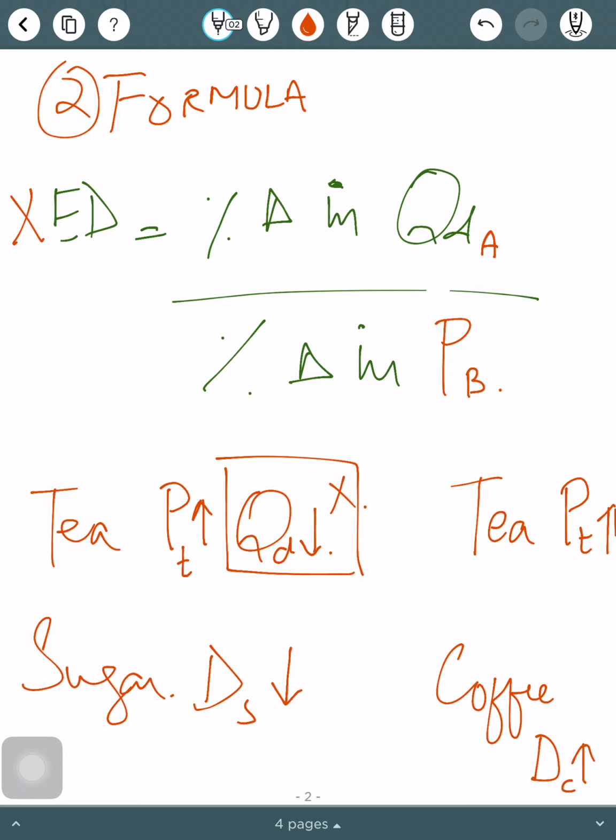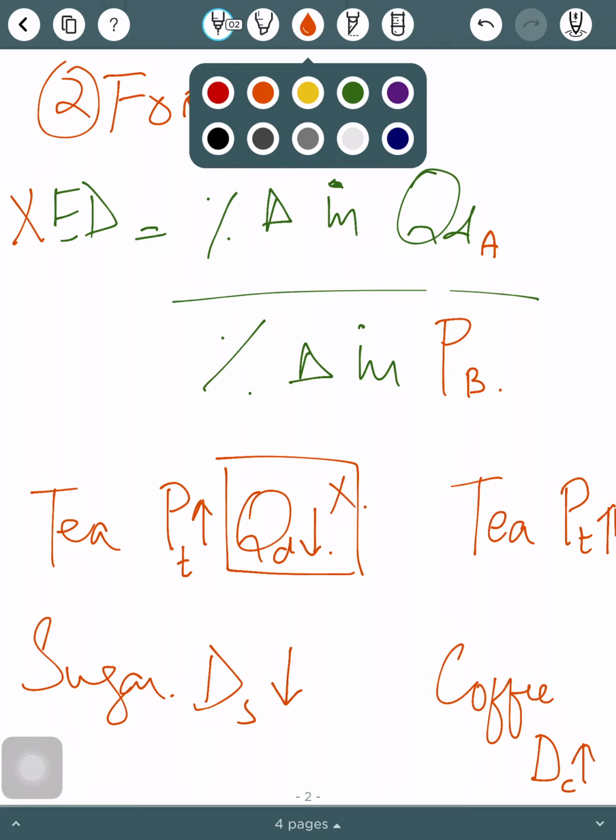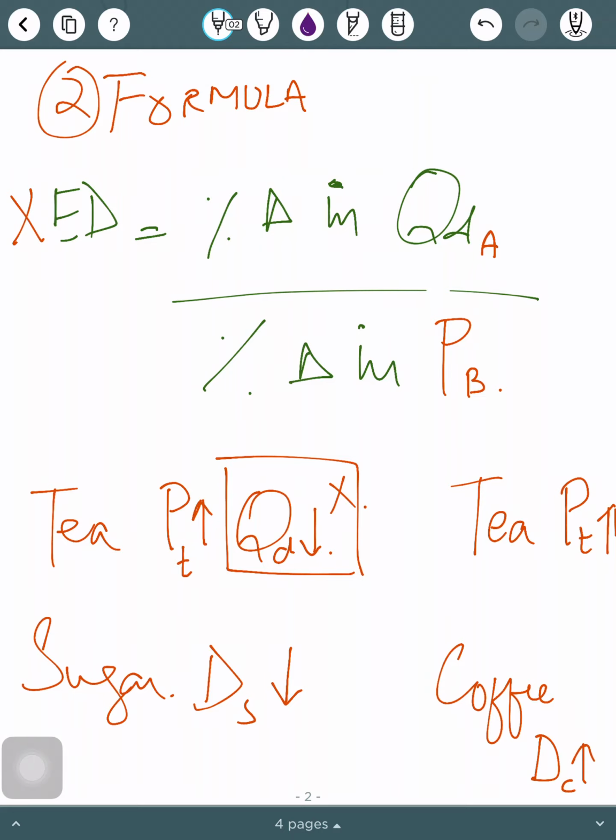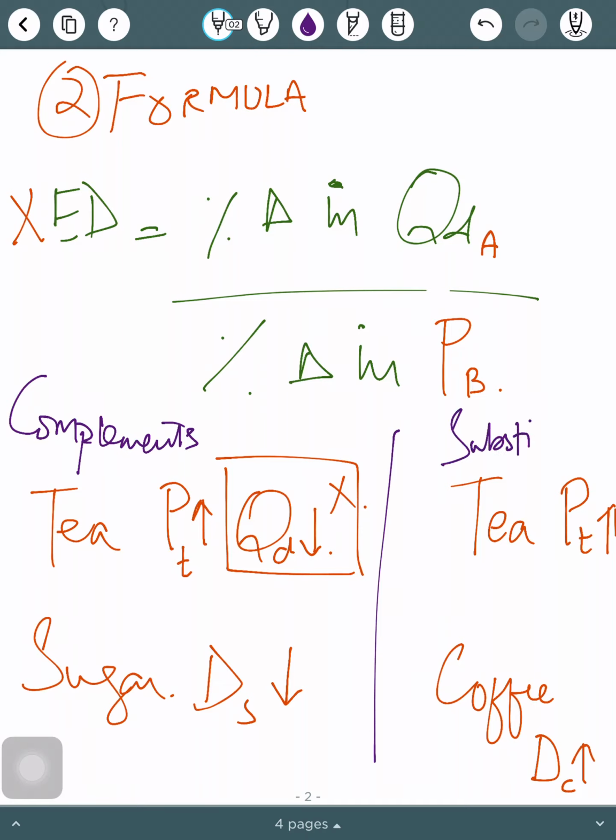So this gives us two types of goods which are related to each other. The first type would be complements, and the second set of goods would be substitutes.